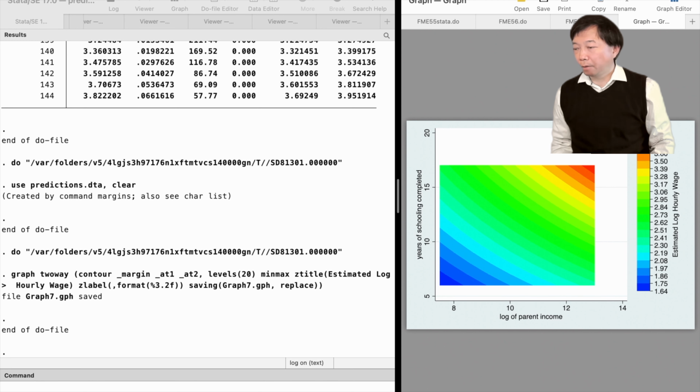The color of the z-axis illustrates values of the estimated outcome variable, log hourly wage. We find that for the same parental income, higher education is associated with higher wages. For the same education level, the workers' hourly wages are positively associated with their parents' income.